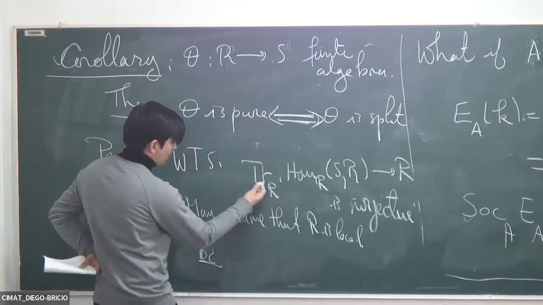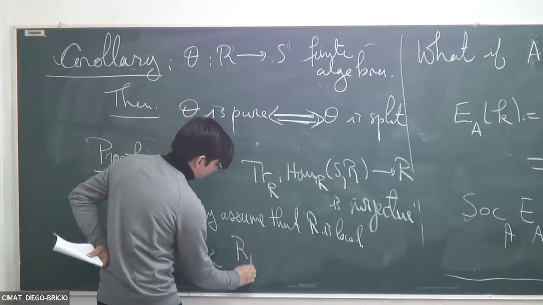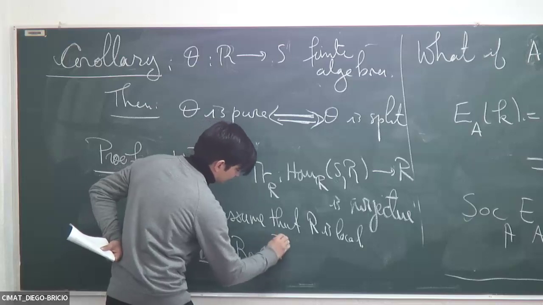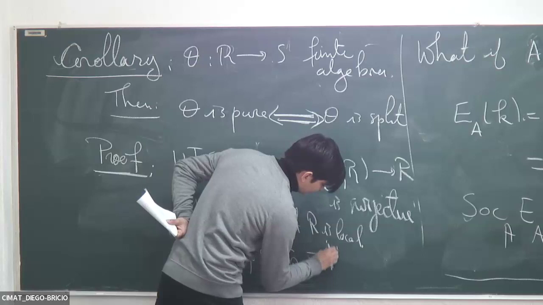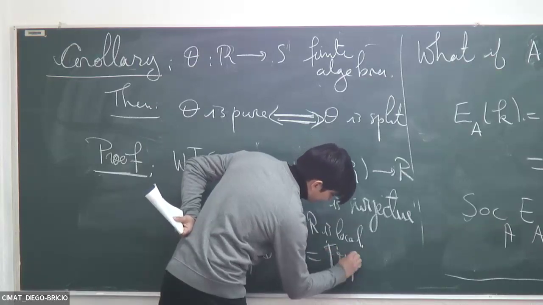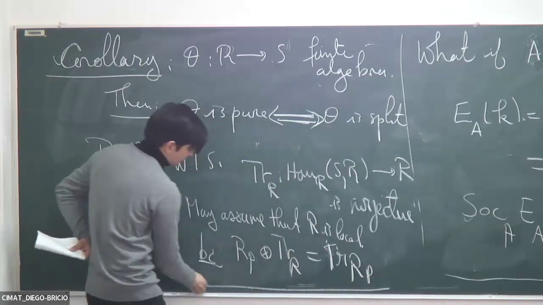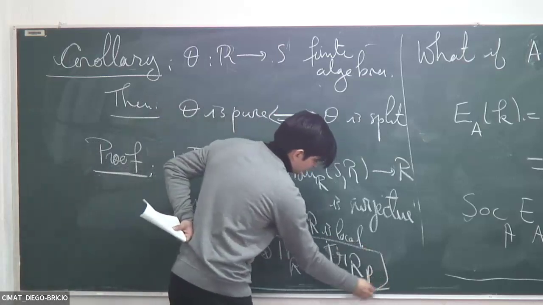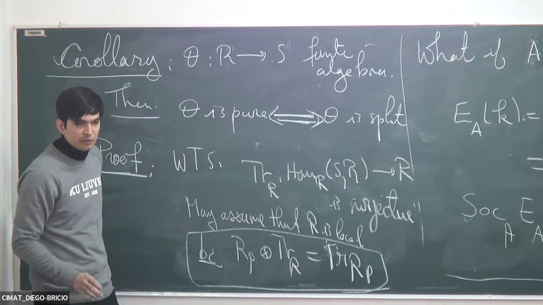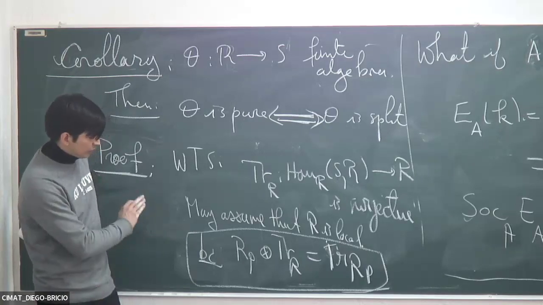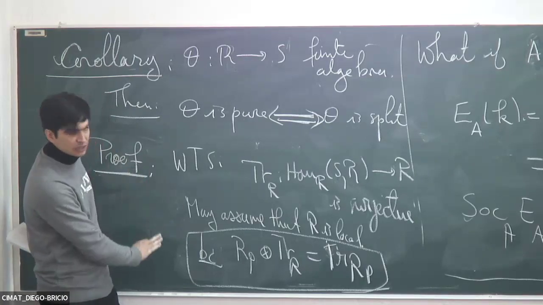Because given the hypothesis we have, the localization of the trace is the trace of the localization. This is not true if S is not finite. You remember that from the previous lecture, where we were discussing that? So this is where you use finiteness to do this localization step.